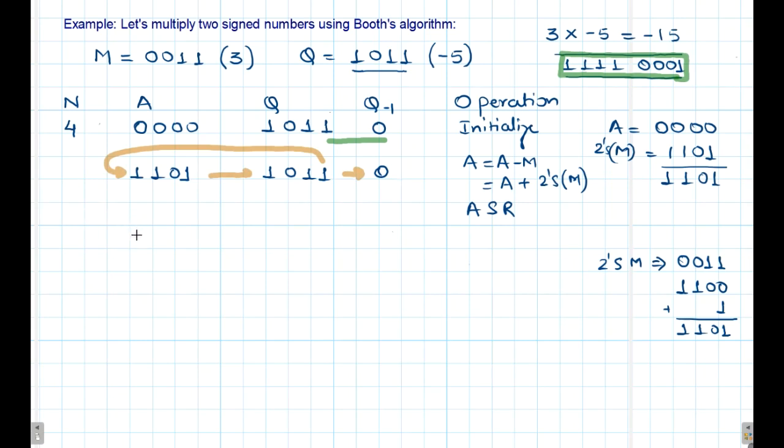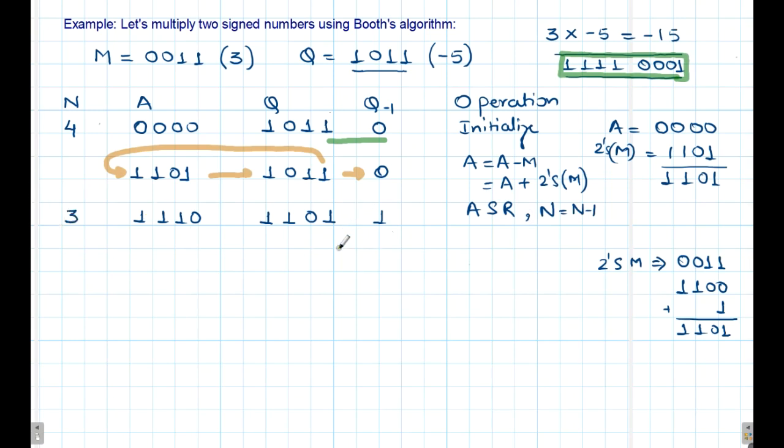So the resultant value is 1110. This one is shifted over here. It means that this becomes 1101, and this one is shifted over here. This results in 1. And we are going to perform n equals n minus 1. It means that n becomes 3.